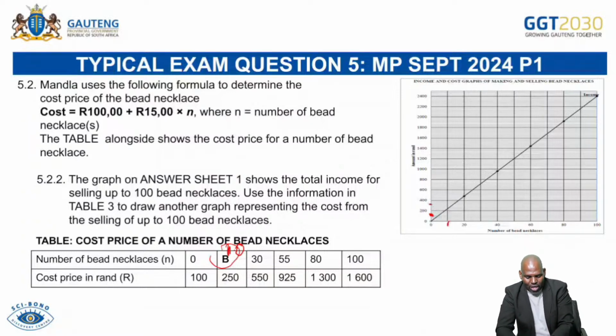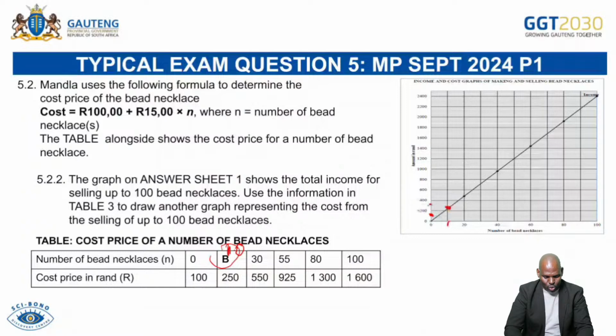So there's 300. So now if I want to estimate my 250, I'll say 250 is between 200 and 300. So my next point, I'm going to plot it here. It's 10 and 250. Okay, I'm estimating.